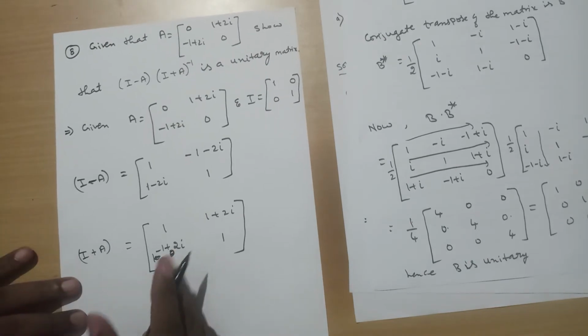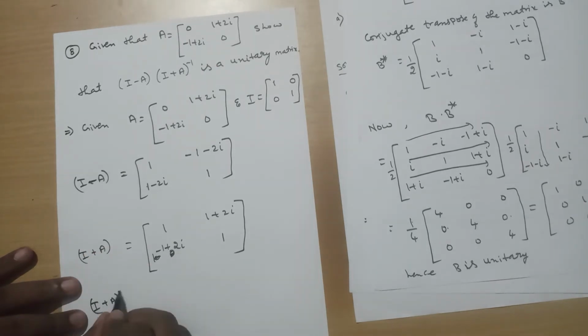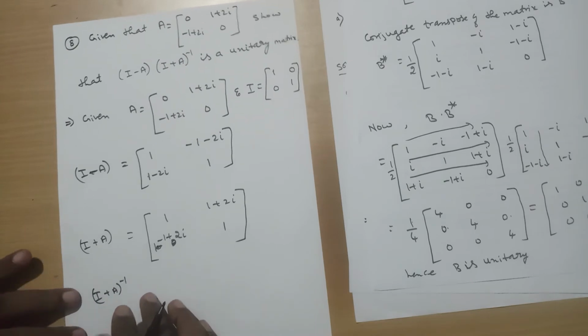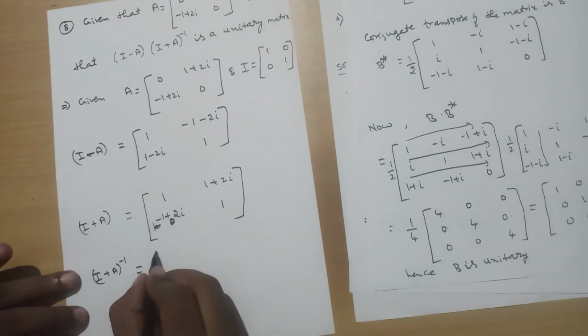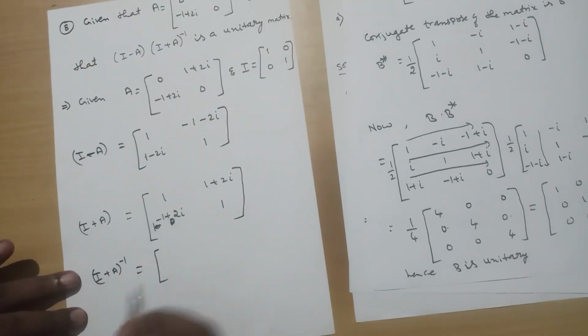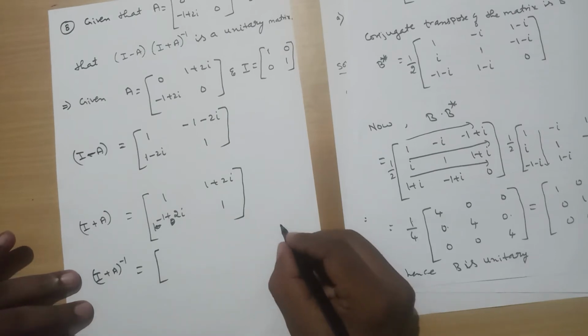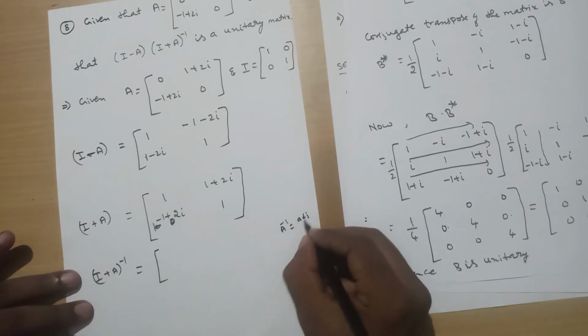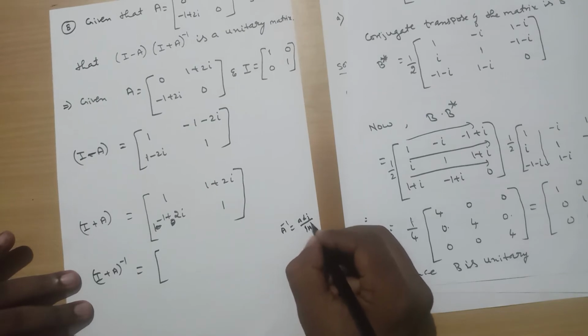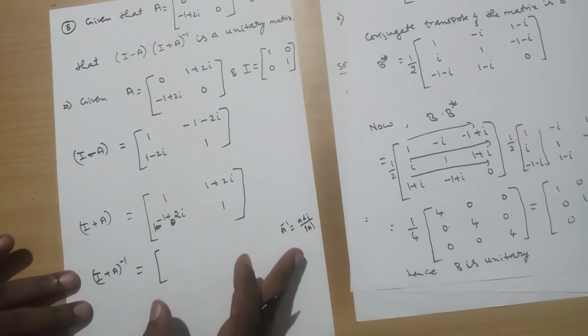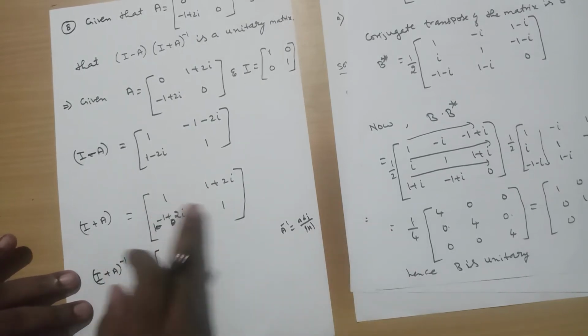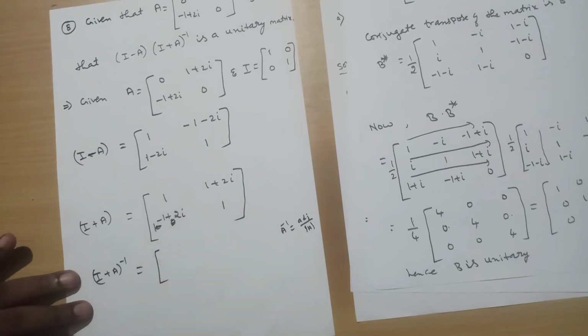Okay, so now here you have to take inverse for that one. So I plus A whole to the power of minus 1. So what do you get here? Now here A inverse ಕಂಡುಹಿಡಿಯಬೇಕು ಅಂದ್ರೆ ಏನು? Here adjoint of A divided by determinant of A. So determinant of A will get 1 by, here ಇದನ್ನು multiply ಮಾಡಿದ್ರೆ, so what do you get?